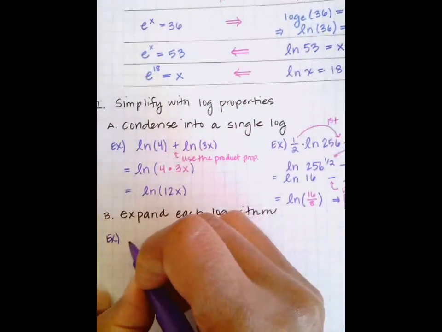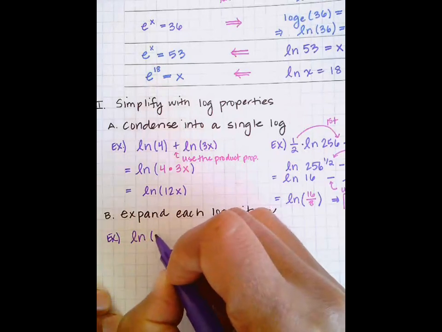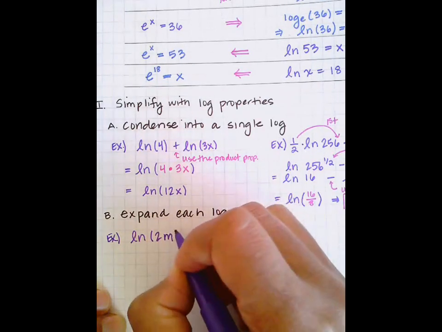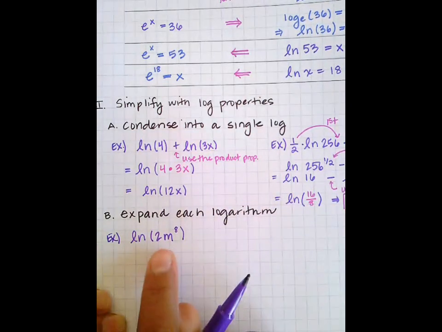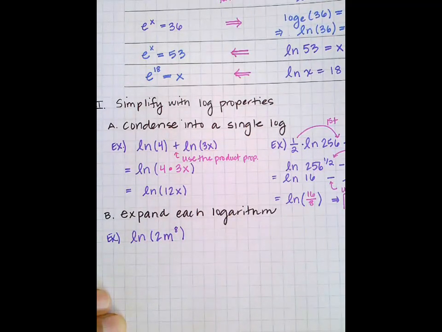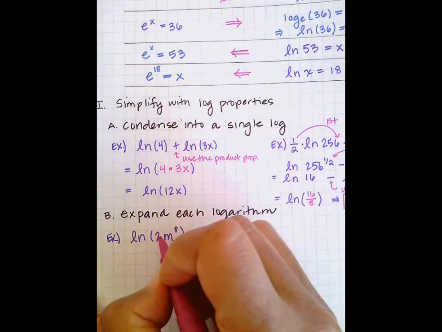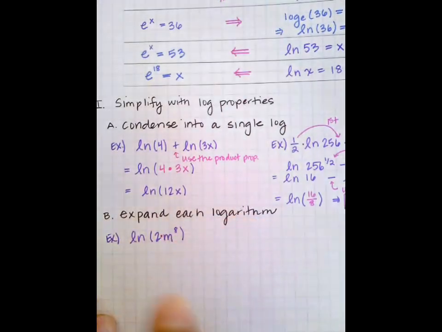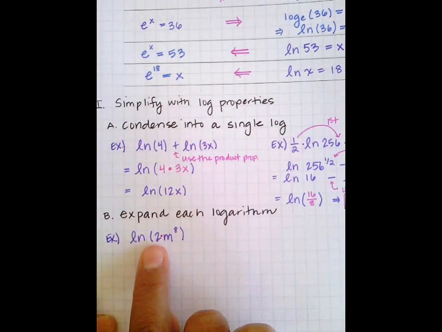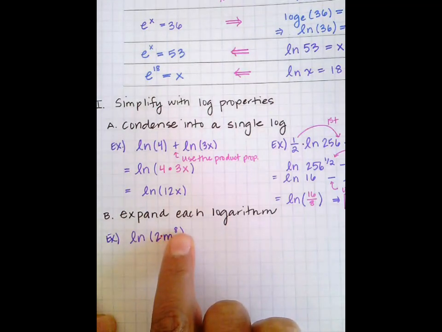If we have the ln of 2m to the 8th power. Well, one of the things to recognize is that even though it's not written explicitly here, there is a multiplication operation happening in between the 2 and the m that is being raised to the 8th.